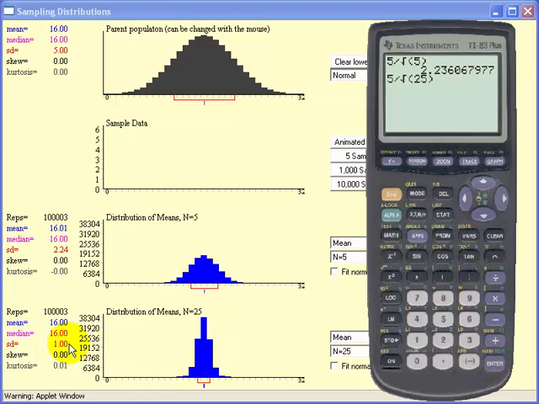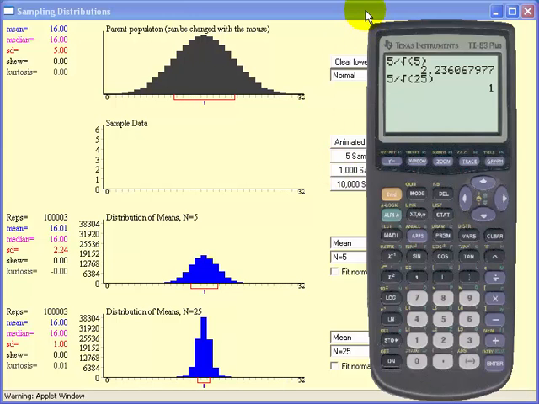It should be pretty close to this 1 here, which is the standard deviation for this sampling distribution. Yep, sure enough. So this is reassuring us that it really does seem to follow that formula. You can see the larger your sample size gets, the smaller the spread or variability in your sample means. So they cluster in more closely.